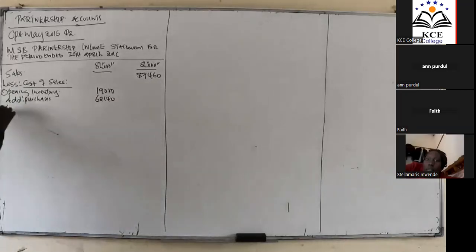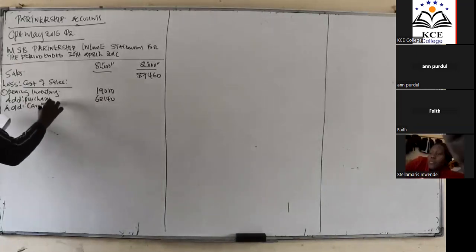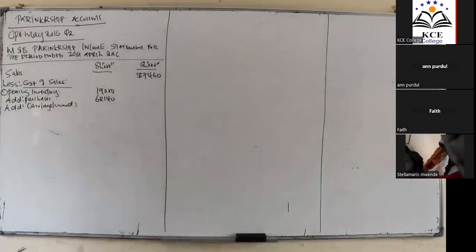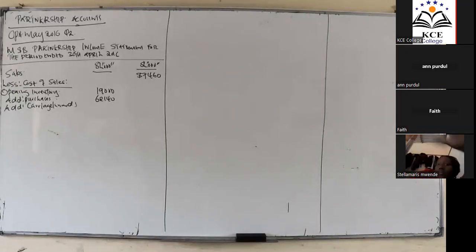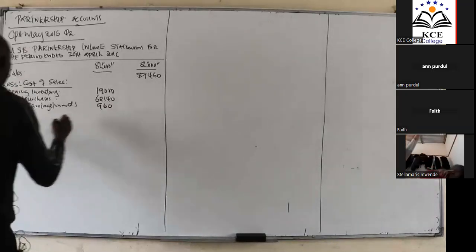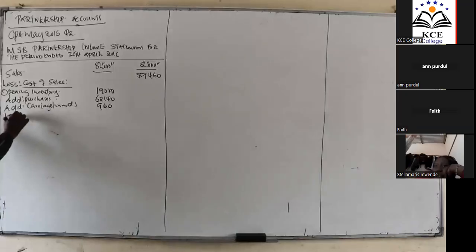And then you add carriage inwards. Remember, we said carriage inward is the transport cost when you buy goods from the supplier's place to where the business is located. So it's part of the purchases. So you add 960 here. And then you less return outwards in case it's there.